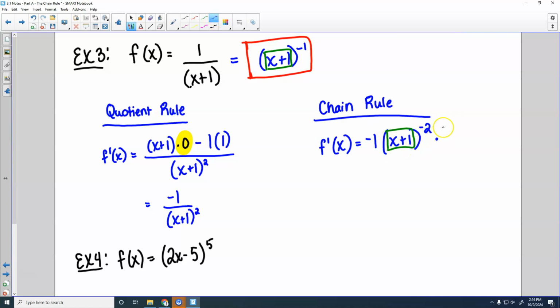What is the derivative of the inside stuff? It's just 1. I'm going to write it so you know I didn't forget it, but it's not all that necessary here. And so if I have this, that is a negative 2 power, so it can just go back down to the denominator, and it will look like this, which is the same answer we got with quotient rule.